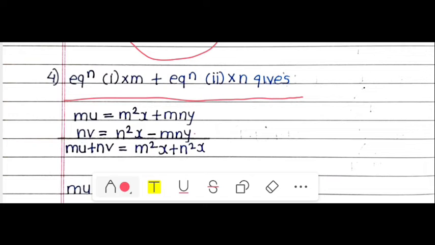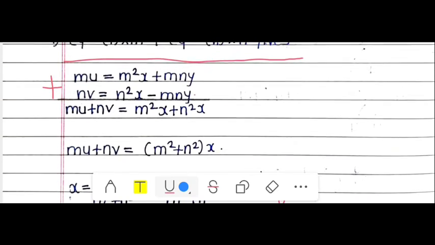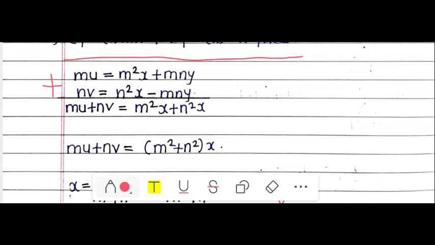Equation 2 multiplied by n gives n into v is equal to n square x minus mn y. If we take the addition of these two, we get mu plus nv is equal to m square x plus n square x. These two terms get cancelled.